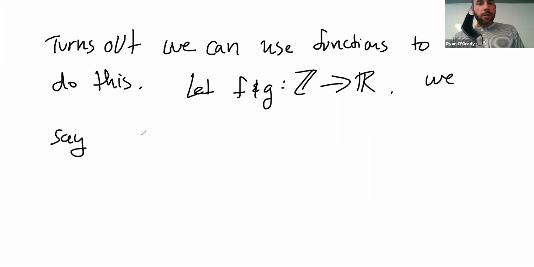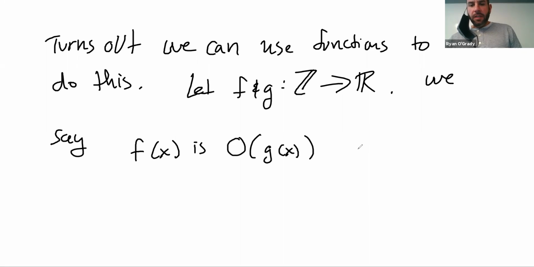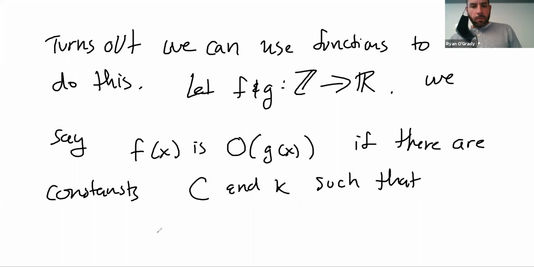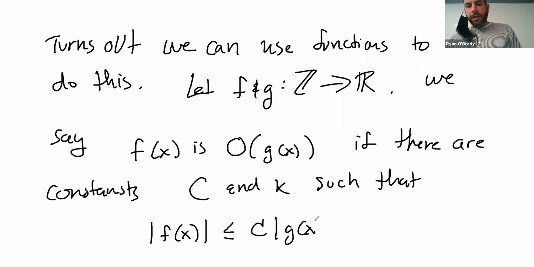We say, and this is going to seem kind of like in the middle of nowhere right now, but we say f of x is big O of g of x if there are constants c and k such that the absolute value of f of x is less than or equal to this constant c times the absolute value of g of x when x is larger than k.